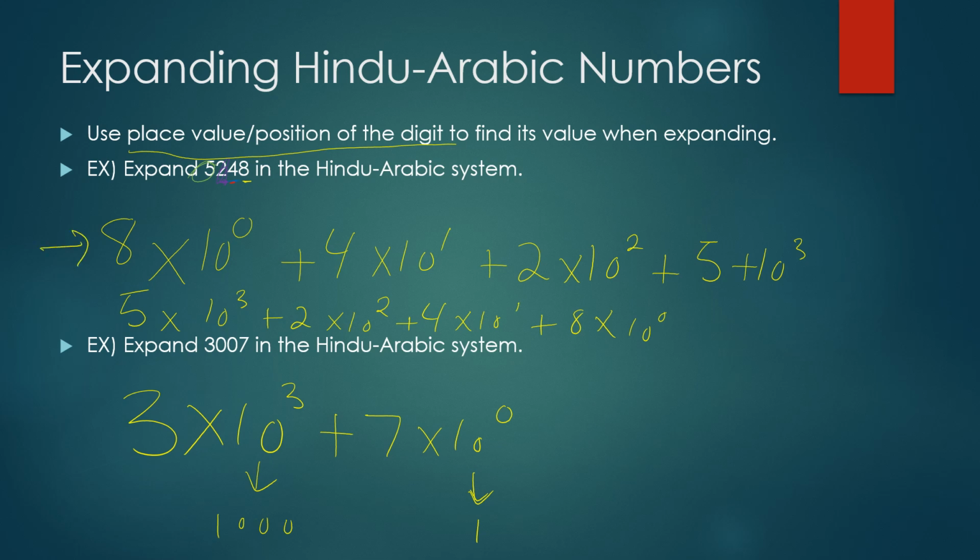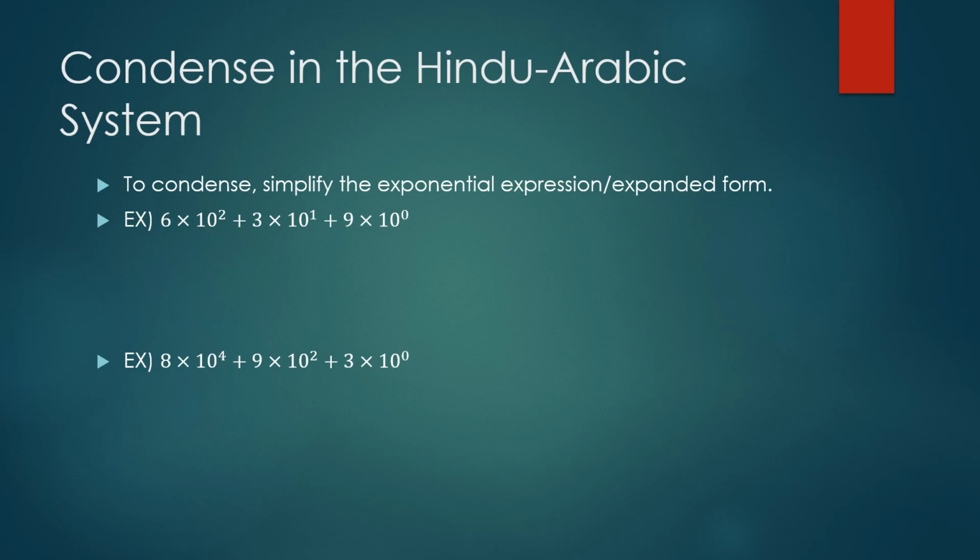So if we can expand, we can also condense. In expansion, we write the number using the exponential form. Here, we're going to take the exponential form and condense it back into a singular number instead of an expression. But we do the same thing. This time we're going to calculate what we're given.